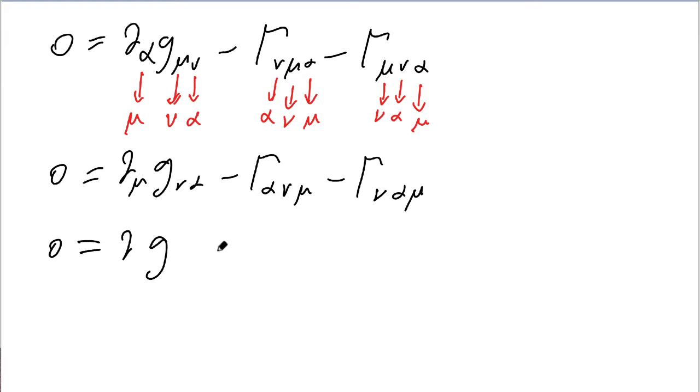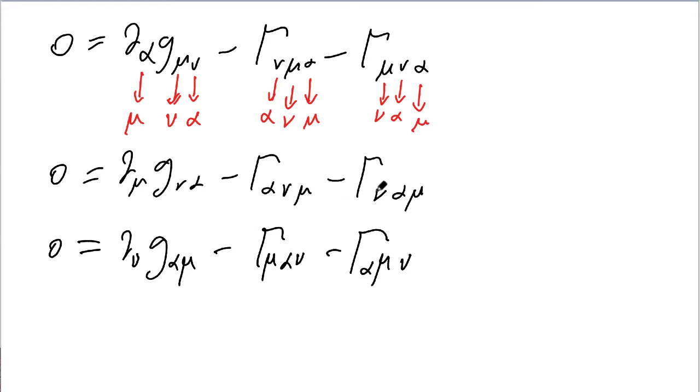So we have partial g minus gamma, and from here we'll let mu become nu. The third index here is mu, and that becomes nu. This nu we're replacing with alpha. So this nu becomes alpha, and here it's the first index, alpha, so I'll leave a little gap. And finally, alpha becomes mu. So here alpha becomes mu, alpha becomes mu.